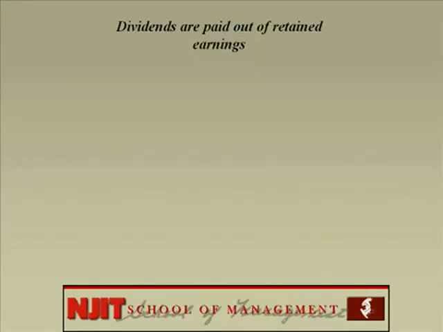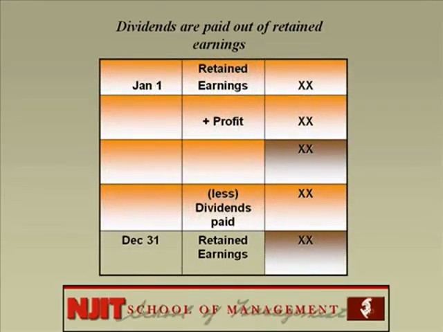Very important. If your retained earnings are 0, you can't pay dividends. Every year, the bottom line profit made by a company is added to retained earnings, and dividends are pulled out of retained earnings. So there's a formula.